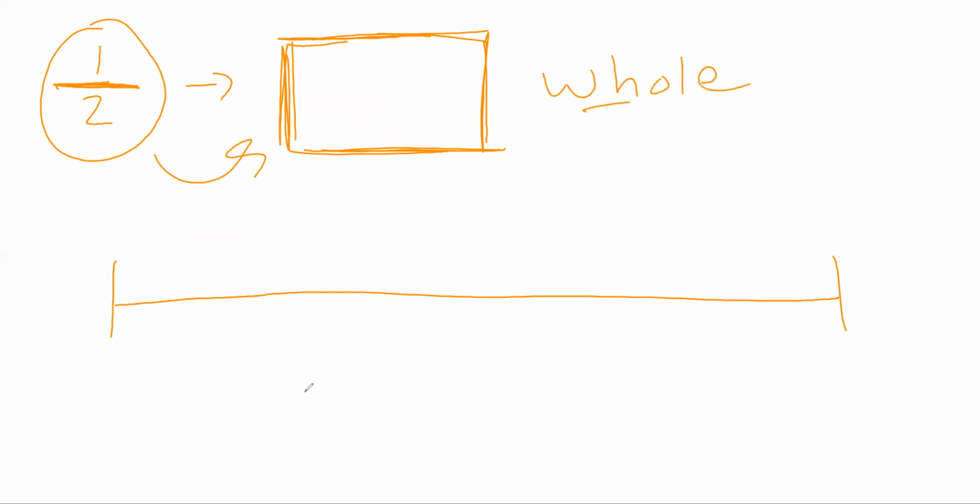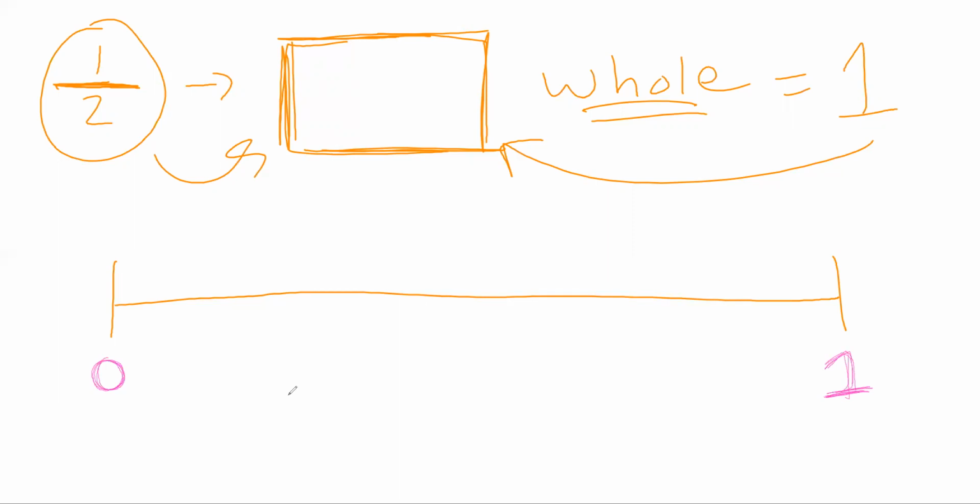All of it. And in this case, it's one whole. We have one square, it's one whole. So when it comes to a number line, for now, and this will grow on this concept, our number line is going to be represented as the number 1. So that's all my number line is going to do. It's going to go between 0 and 1.